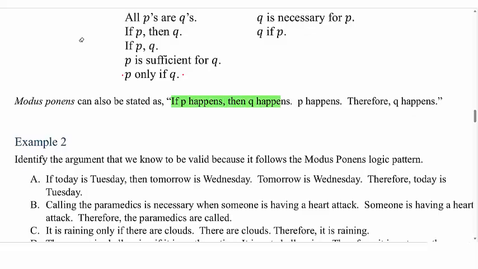If P happens, then Q happens. P does happen, therefore Q happens. Okay, so anytime you can, without changing the meaning, write an argument in this format, you know that it's valid. You don't have to try to figure it out with an Euler diagram, which is nice.